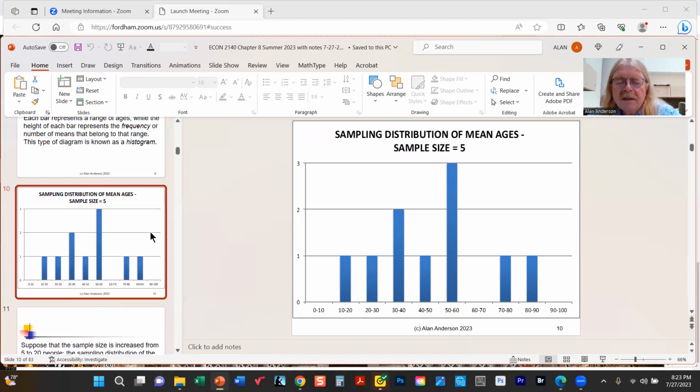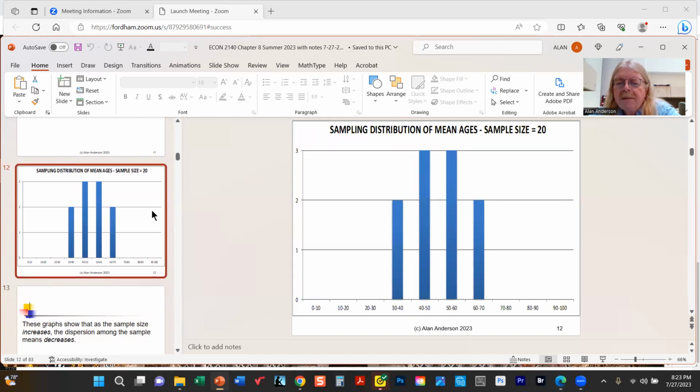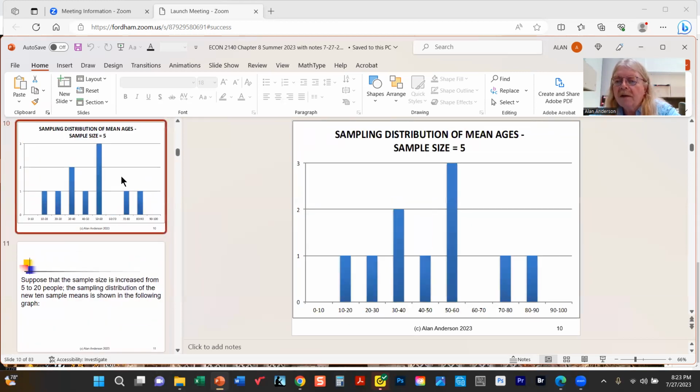So in principle, as I keep increasing the sample size, the sample means themselves will be much, much closer to each other. So what I did here was I drew a new histogram for 20. And all of a sudden you can see what's starting to happen is the means are much more clustered around the center than we had back here, where they were quite a bit spread out.